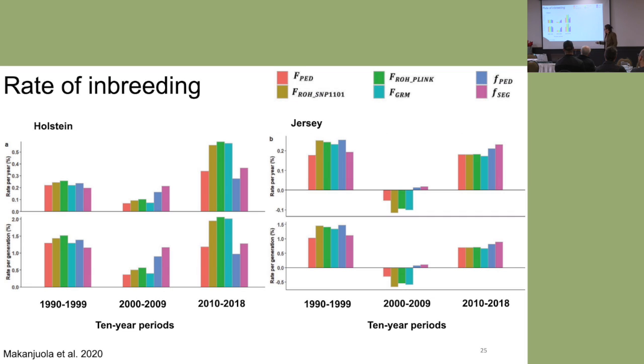Okay, then the period came between 2000 and 2009. Remember I had mentioned that R value that came out and was so cool and everybody used it apparently. Then in 2000, it sort of reduced. But then 2010 to 2018, genomics happened. And we got on this really fast train, this like high-speed train. And look what happened to all the different types of inbreeding. Now, this blue one, the lowest one that looks best, is what Lactanet publishes. And I love Lactanet, don't get me wrong.